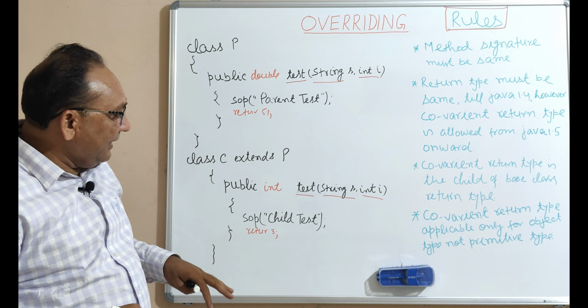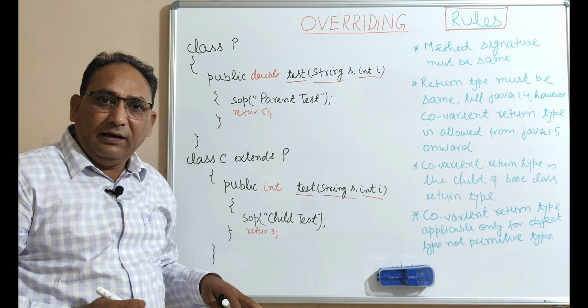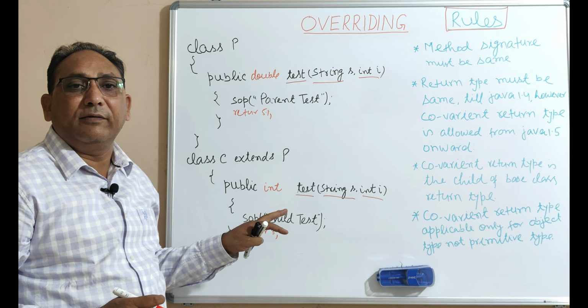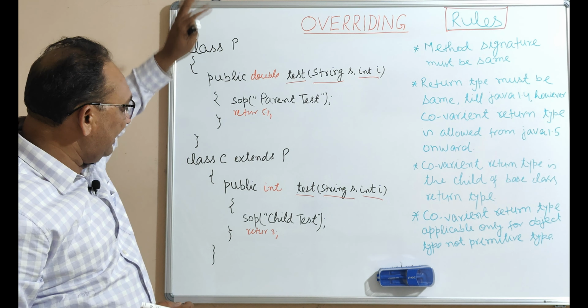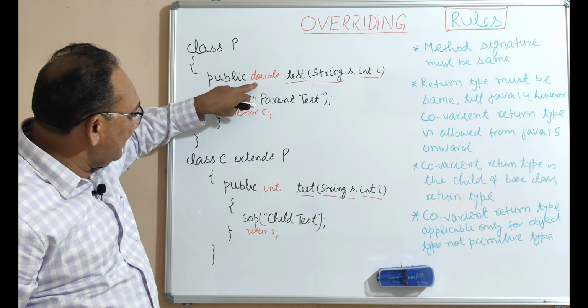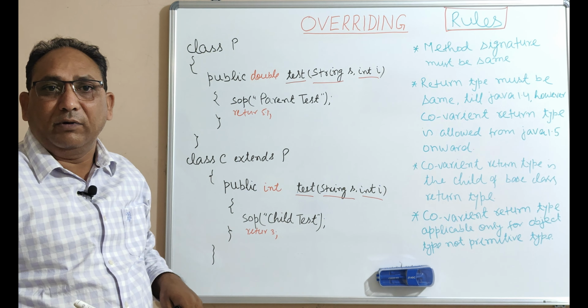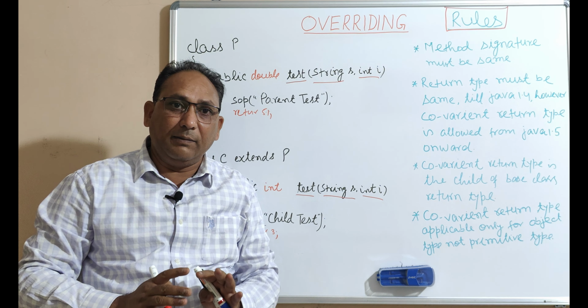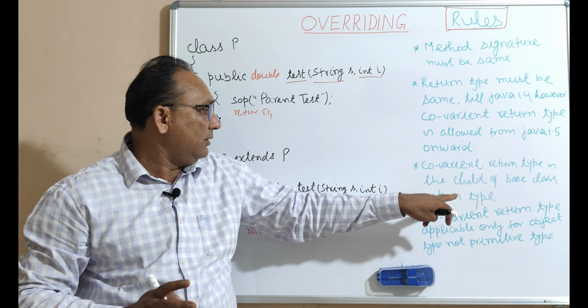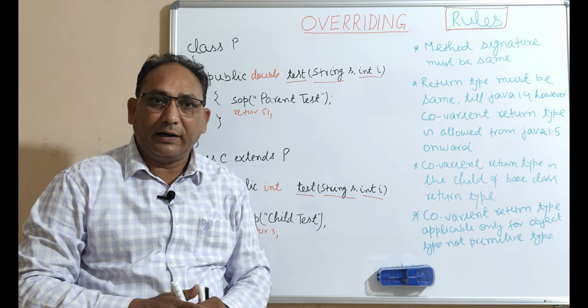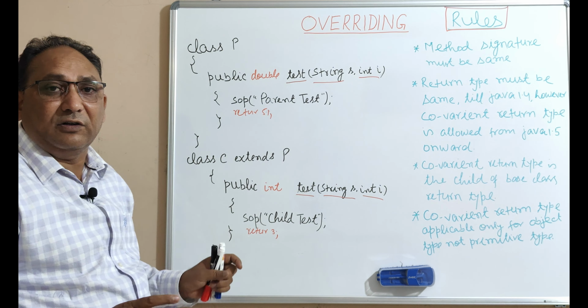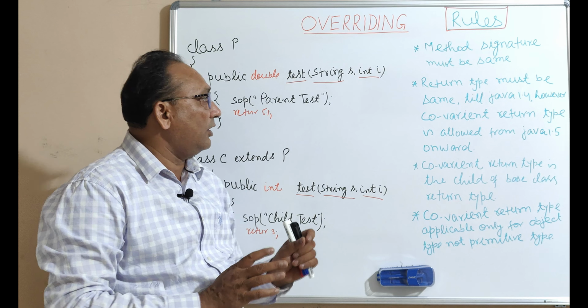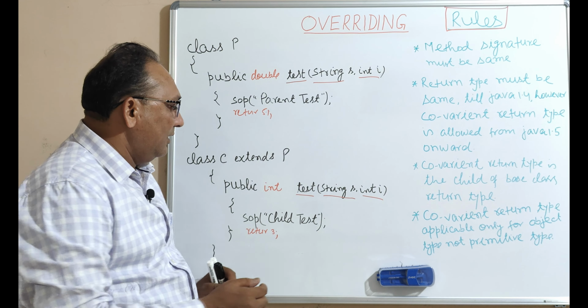If you do that and try to compile, it will give an error because double and int are not compatible, right. So primitive types are not applicable for covariant return type, right.